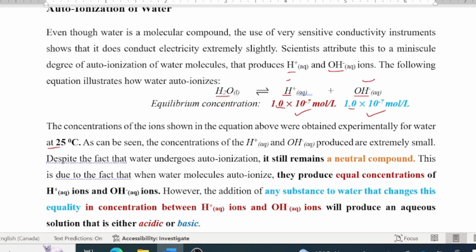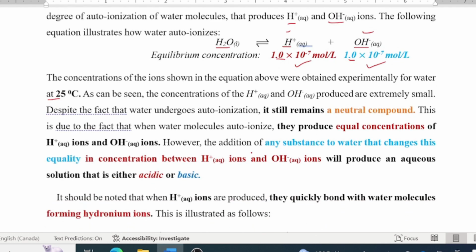So even though water is autoionizing and producing H plus ions and OH ions, it is still neutral at 25 degrees Celsius.